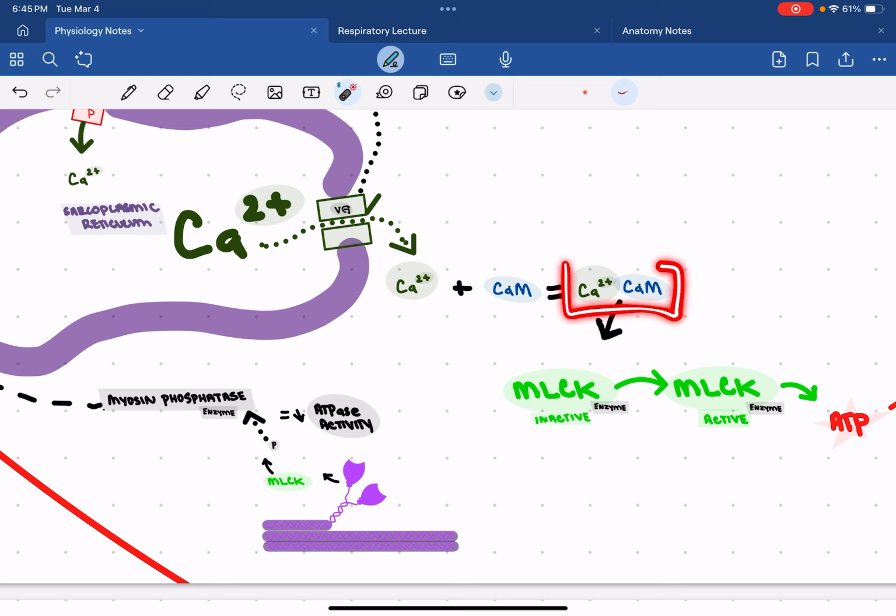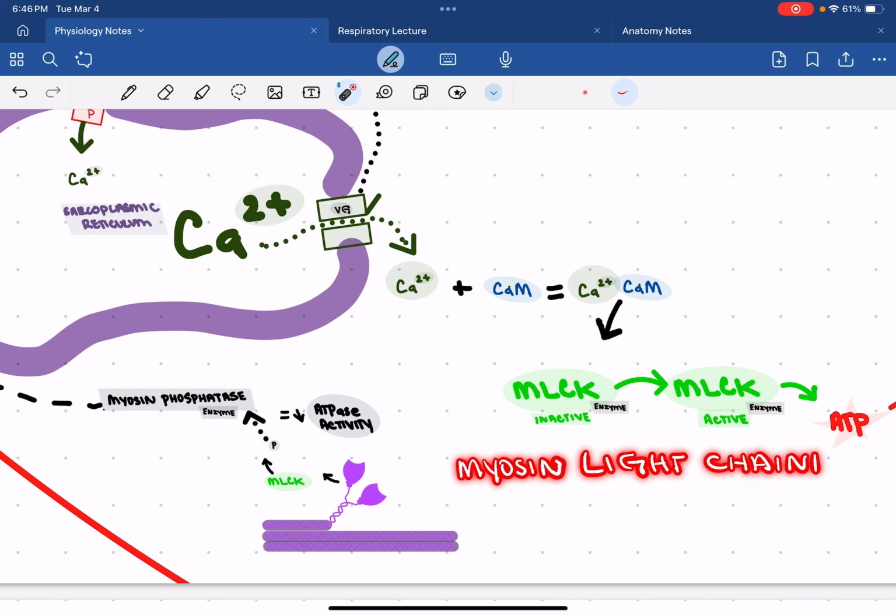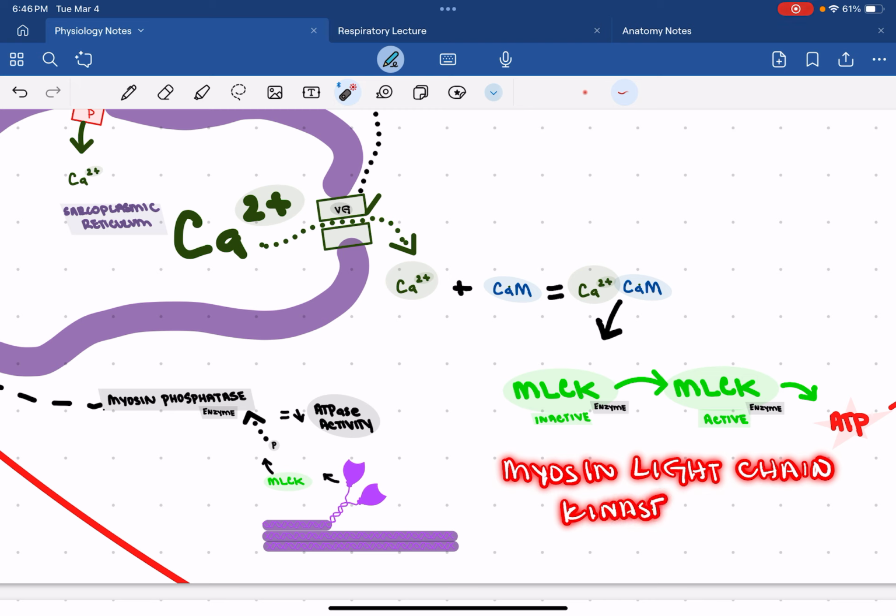Now, these two binding actually trigger a change in an enzyme: myosin light chain kinase. This myosin light chain kinase at rest is inactive. It's not doing anything. But calcium calmodulin binding together excites it.